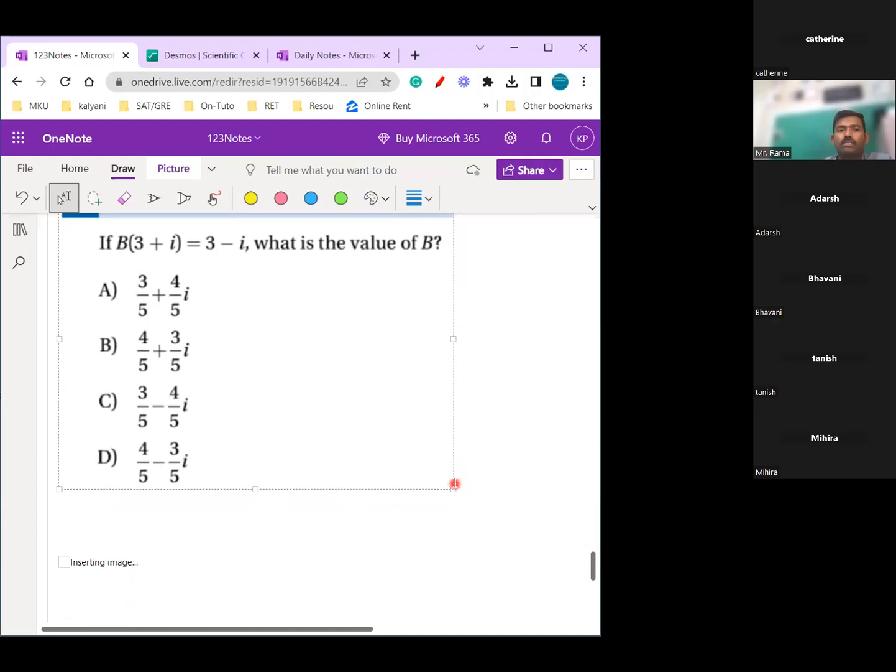So b times 3 plus i is equal to 3 minus i. So what could be the b value?